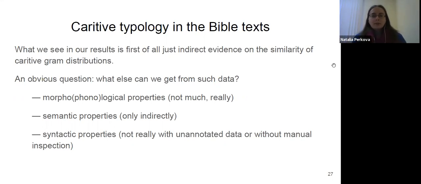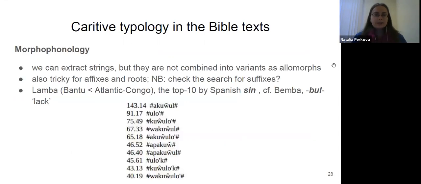We can get semantic properties only indirectly from the context, and syntactic properties also very hard because we usually get the marker itself and not the properties of the absentee, for instance, or anything that is syntactically related. So for morphophonology, it works a little bit if we look at the list, but then it's either manual inspection or some sort of string similarity measures that can help.